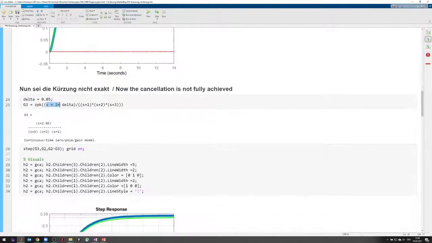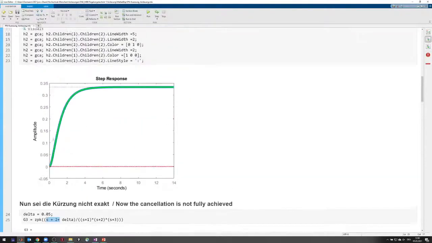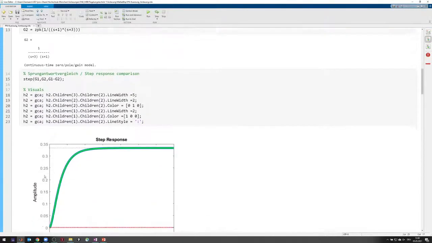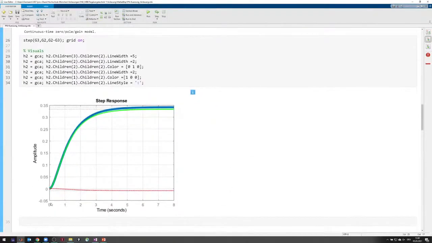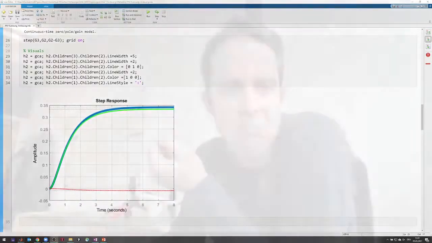Now you say, okay, I still want to use my simplified model, because I don't care that this zero is a little bit off. Let's compare the two systems. The blue one is the system which we cancelled, this PT2 system, and the green one is the actual system. Obviously you see there's a small difference, but it's very small, probably a couple of percent.